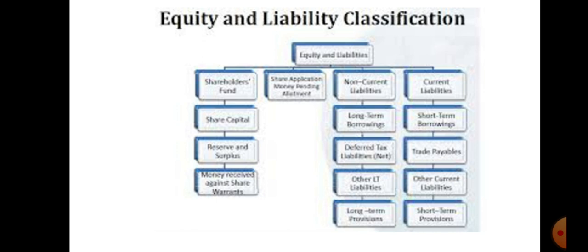Examples are sundry creditors, expenses payable, advances from customers, unclaimed dividend, etc. And provisions are amounts set aside for any known liability as per statutory requirements, or whose amount requires measurement by using a substantial degree of estimation. Examples of provisions are provision for bad debts, provision for taxation, proposed dividend, provision for depreciation, provision for contingencies, provision for retirement benefits for employees like pension, gratuity funds, leave encashment, etc.